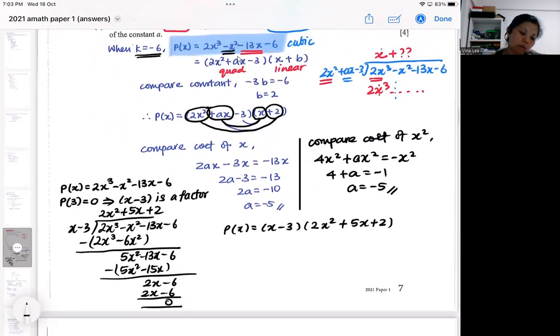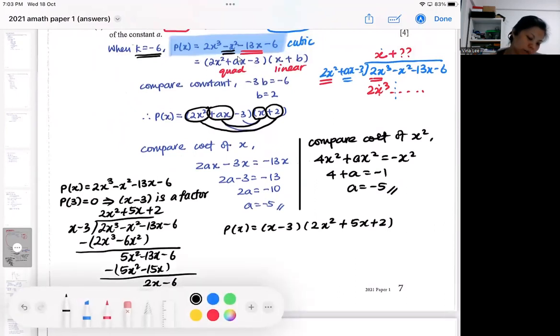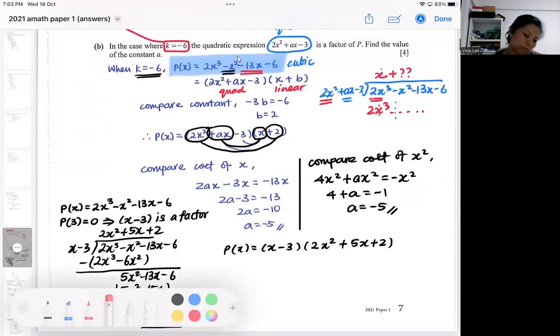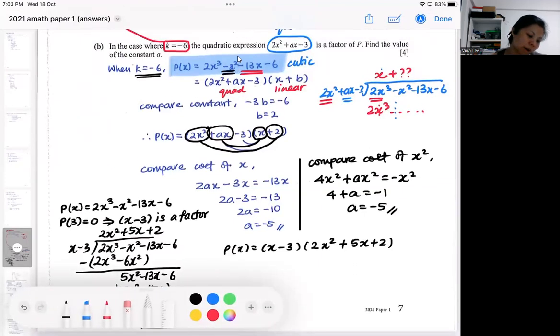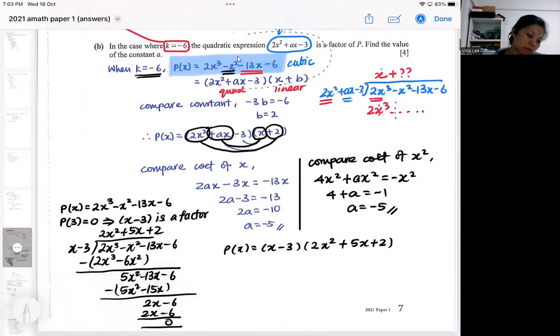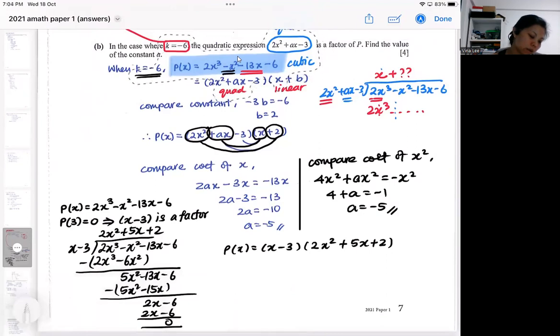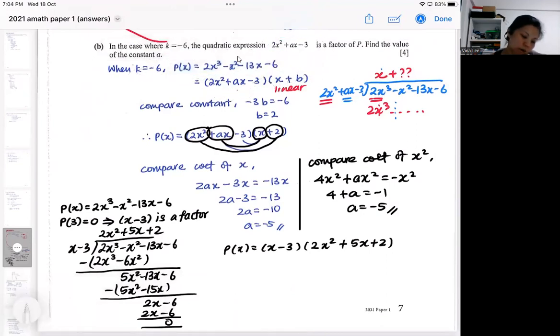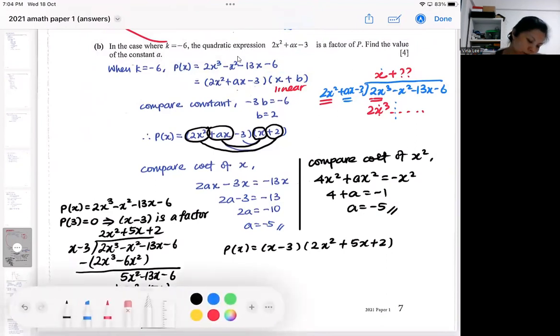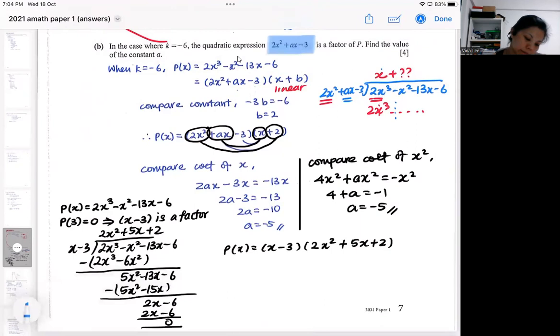The student was trying to compare with the quadratic factor. After doing it like a normal cubic equation, she tried to compare with this one.